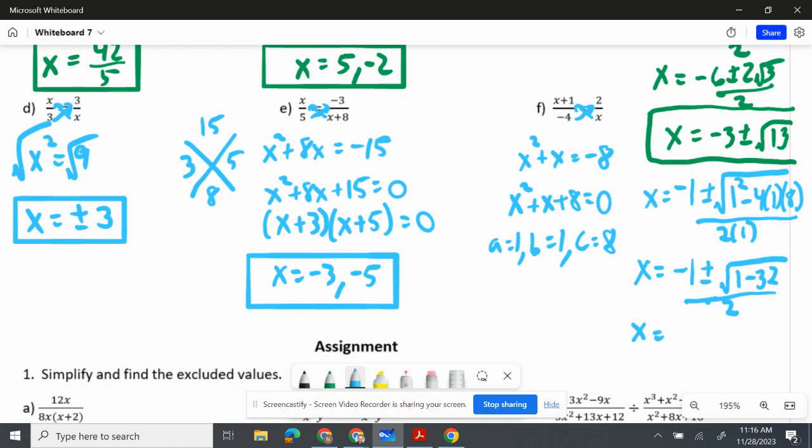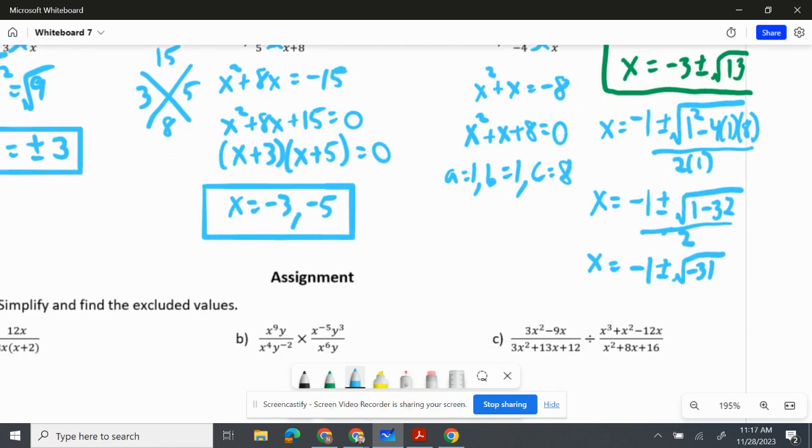So x equals negative 1 plus or minus the square root of negative 31 over 2. And whenever we have a negative inside of a square root, we're going to use an i. So that would be x equals negative 1 plus or minus i square root of 31 over 2. And that right there gives us our answer.